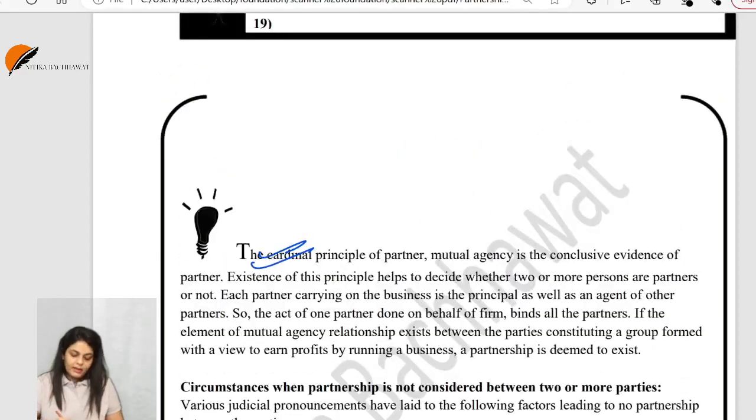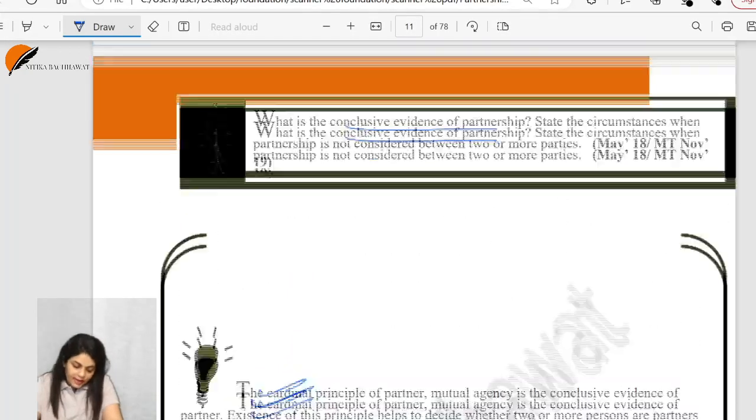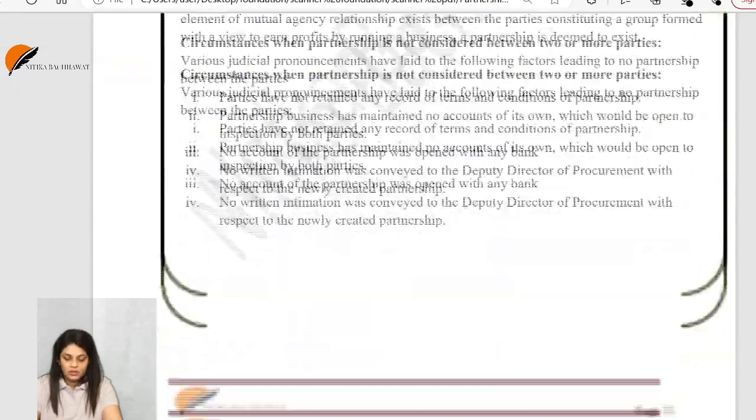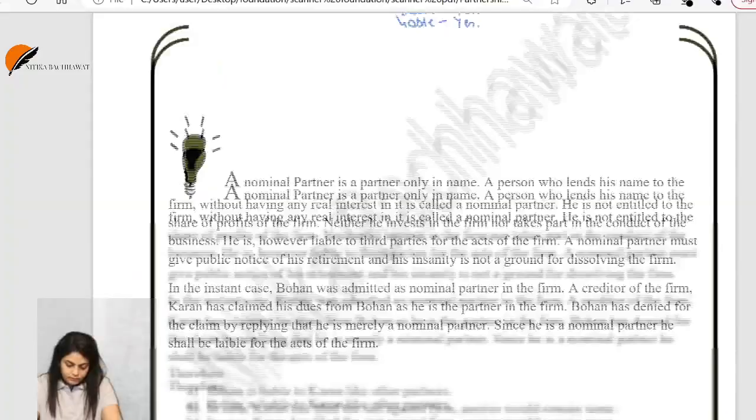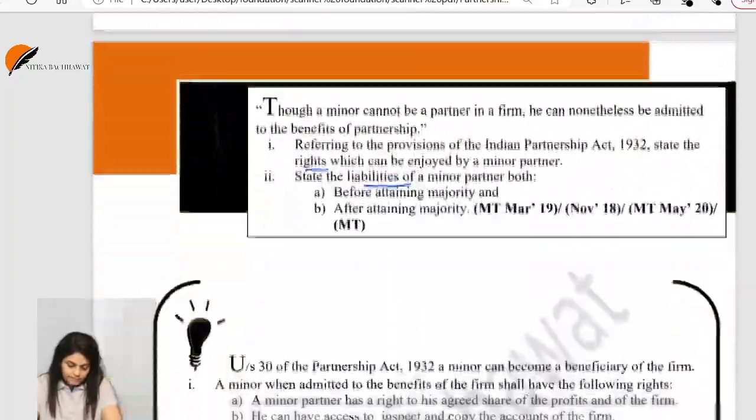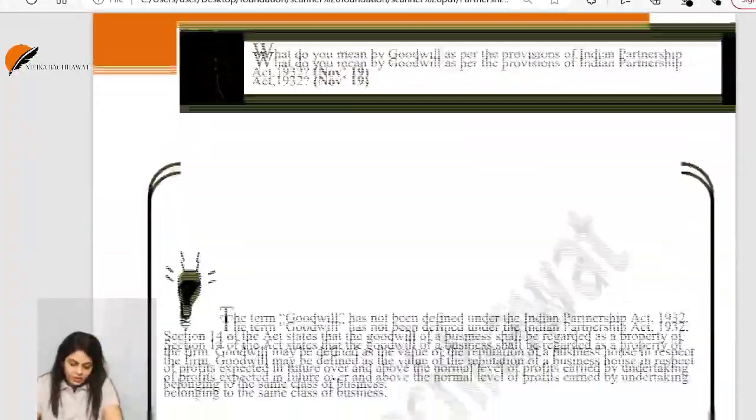So this, the cardinal thing, would be the answer actually: conclusive evidence of partnership. Okay, this will be the answer. Anyway, moving on to the next one.